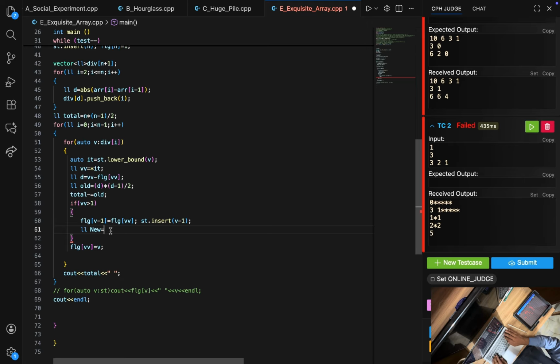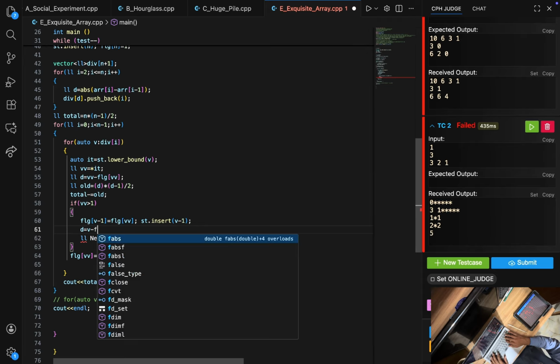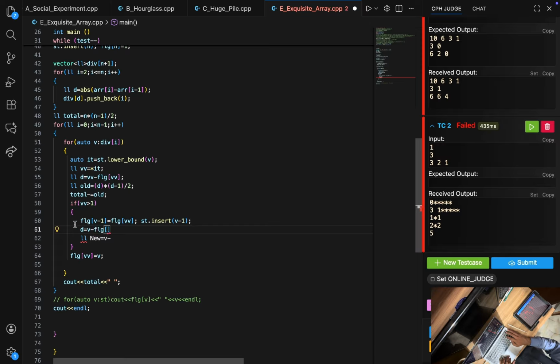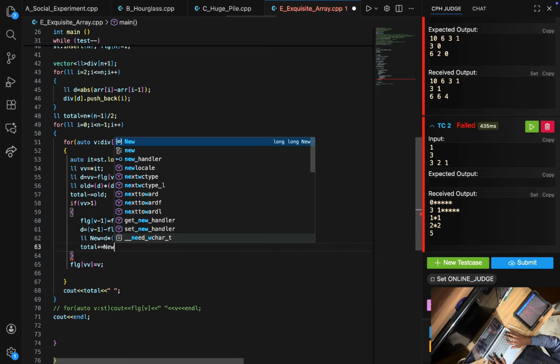No, it's okay. New should be v minus, let's make d equal to v minus flag v minus 1 minus flag v minus 1. That's the difference. So t into t minus 1 divided by 2, total plus equal to new.